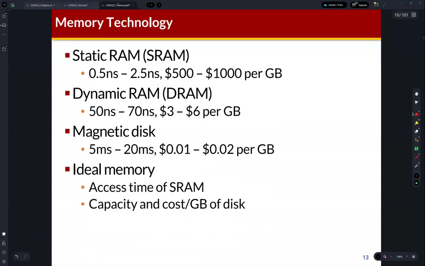Because we use different memory technologies. In the software model, we just think that the memory is the same, but it's not true actually. Based on the memory technologies, the performance is different.